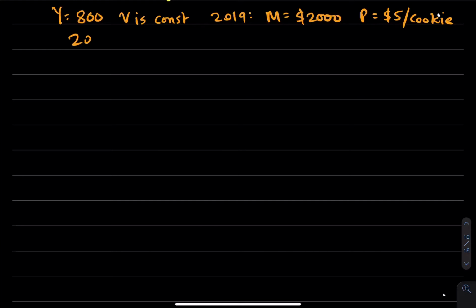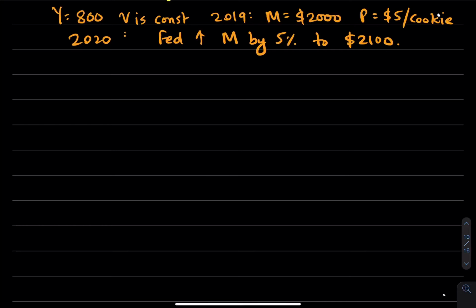And then for 2020 we are given that the Fed increases money supply by 5% to 2,100.